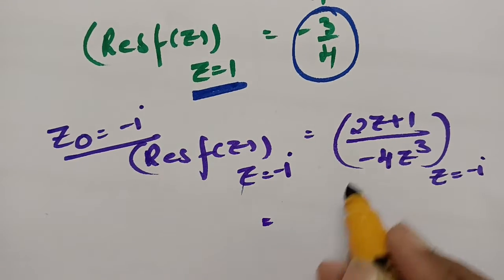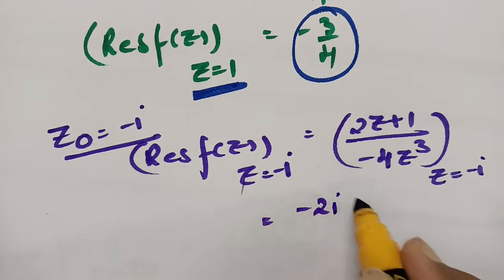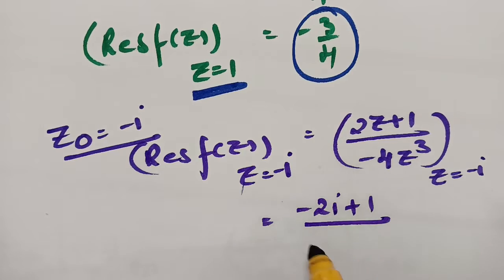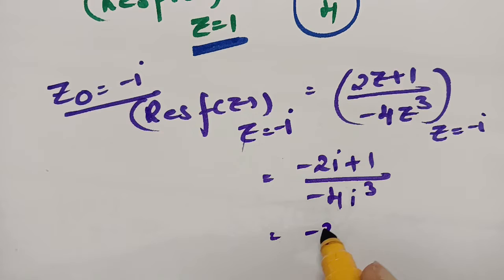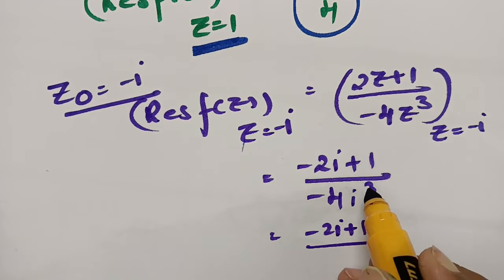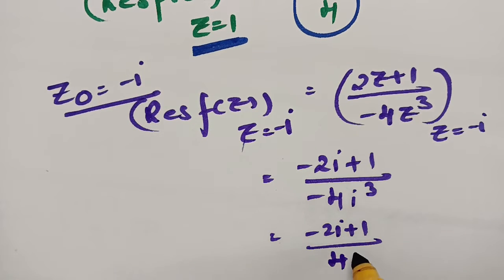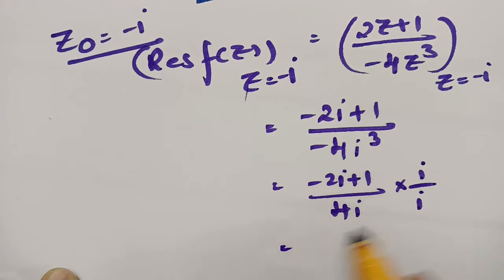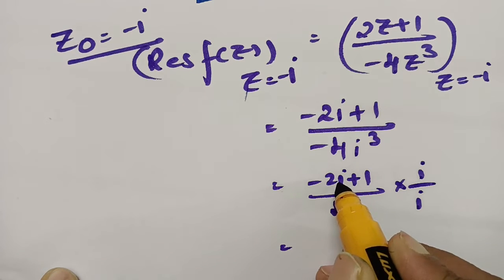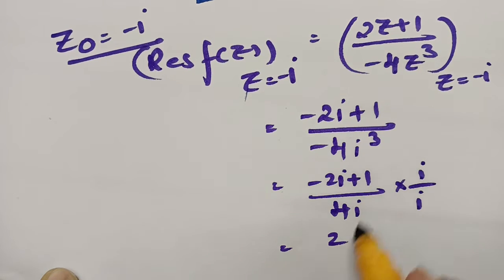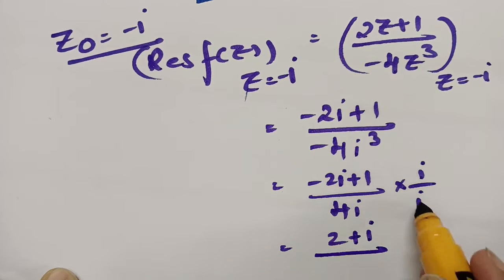Then we'll be getting the residue value, that is minus 2i plus 1 by minus 4 into i cube. As you know, this is 2i plus 1 by i square, this is minus of minus, plus 1, and this is 4i. So if I multiply with i in the numerator as well as the denominator, this is i square minus 1. So this is going to become plus, and this is plus i by i square.